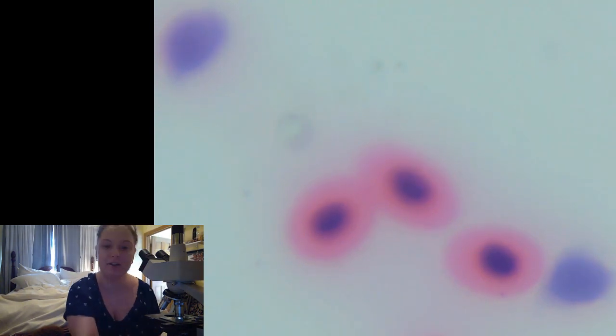All right, next we have fish blood. Let's see what's different about fish blood. Right. Bring it up. Okay, it's looking pretty similar from far away.